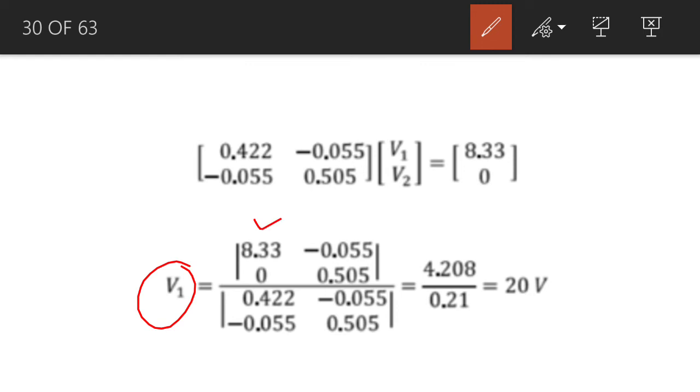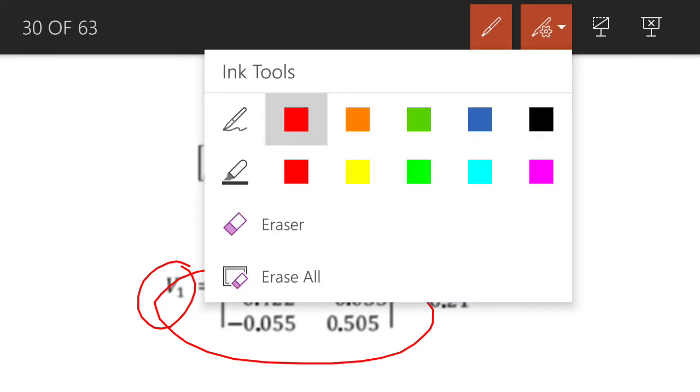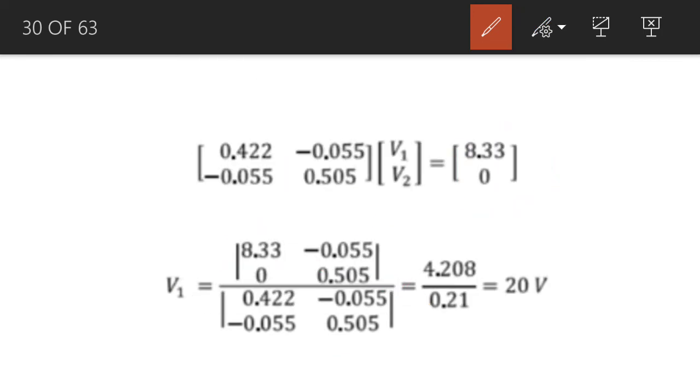For V1, we replace the first column of the G matrix by Ig1 and Ig2. The second column of the G matrix remains unchanged. We divide this determinant by the determinant of the G matrix. So V1 is equal to 4.208 divided by 0.21. V1, which is the voltage at node 1, is 20 volt.